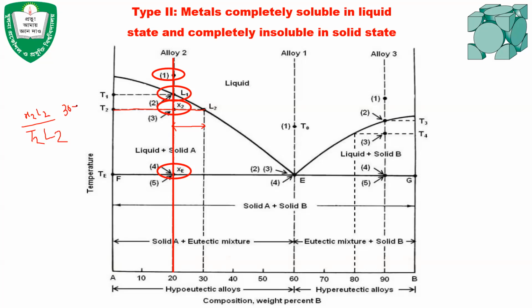And what is T2 L2? That is the total length from here to here, so that is 30. So we will get 33.33% at temperature T2. Any question?